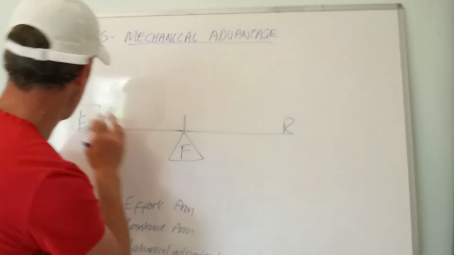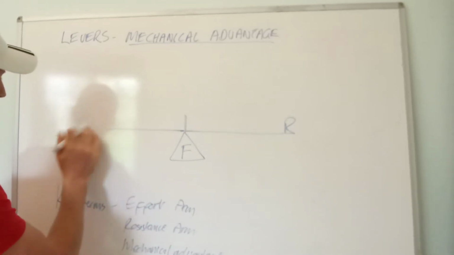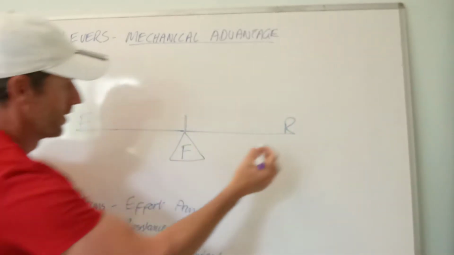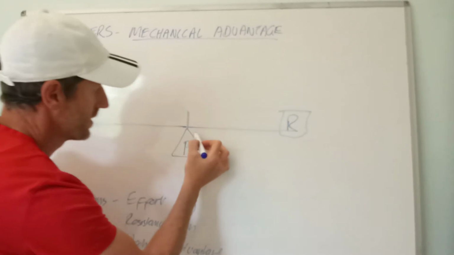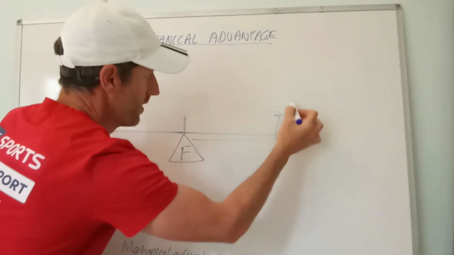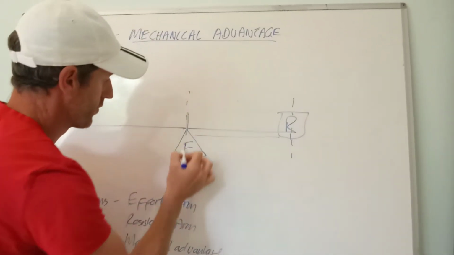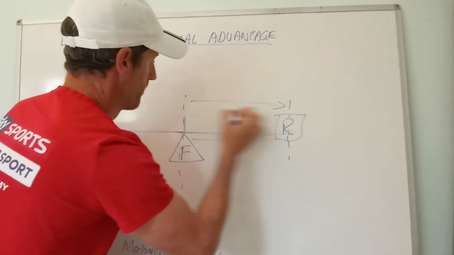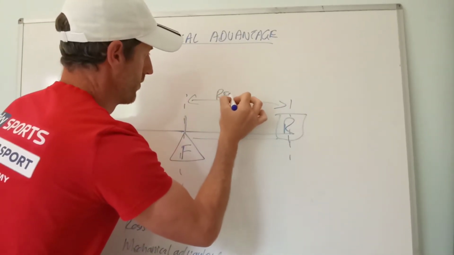Sorry, totally confusing. That would be there. So the middle of there to the middle of the fulcrum would be the resistance arm.